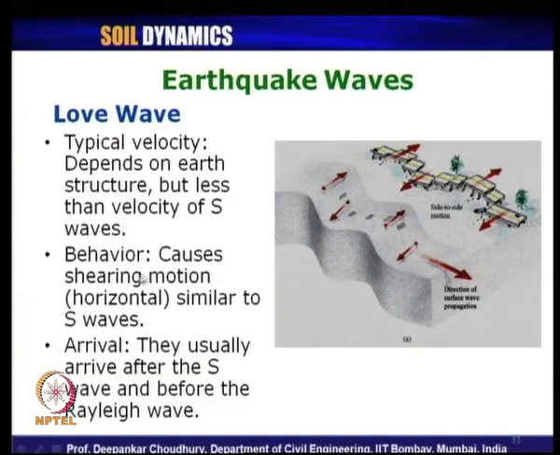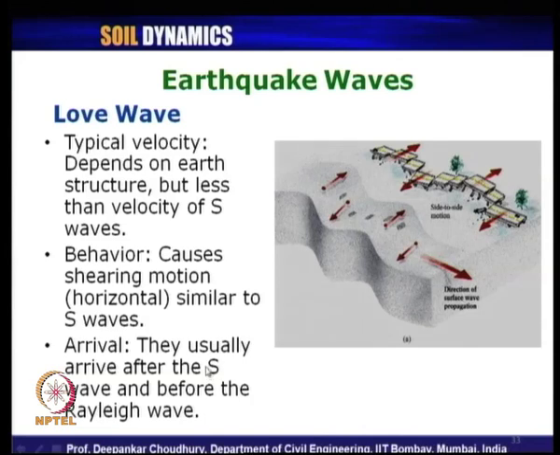Its behavior is that it causes horizontal shearing motion similar to the S wave; when the wave propagates in this direction, it moves in this direction. It usually arrives after the S wave, because its velocity is less than the shear wave. So, obviously, it arrives in the seismogram as the third one.